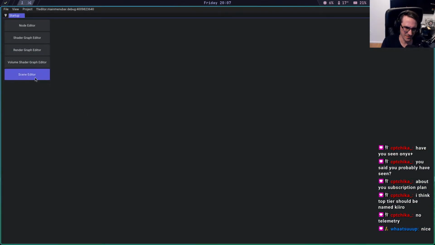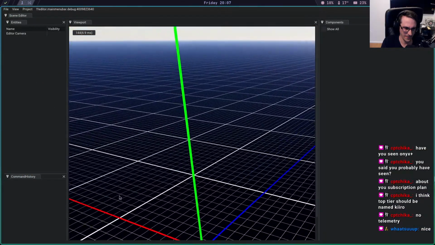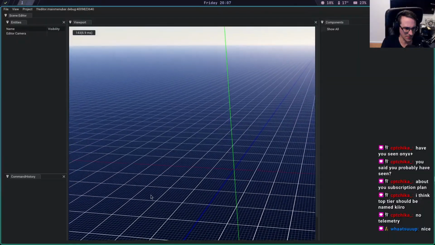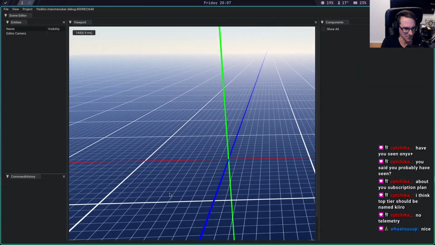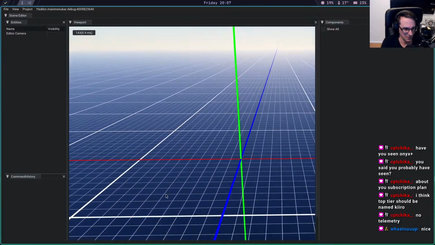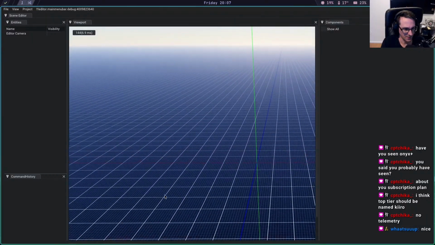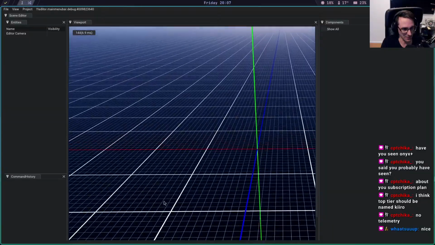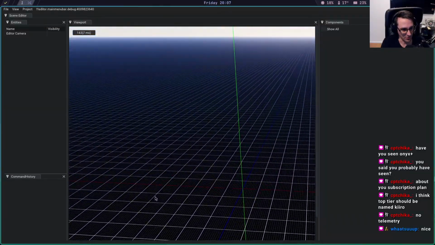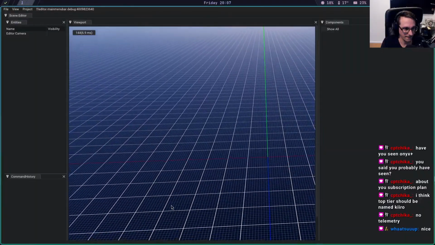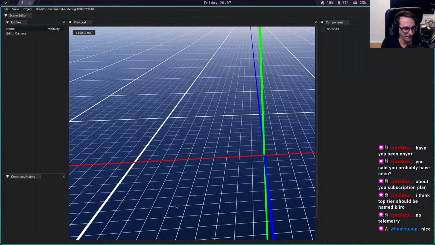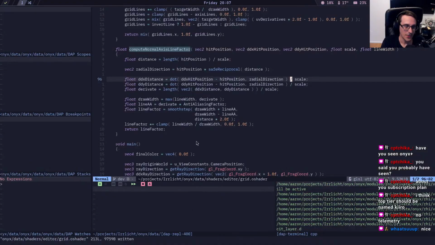I'm not sure. Oh, that might actually have done it. Yeah, okay, that was it. Now it's scaled down, and now if we get closer, we're scaled down even more. Exactly. Perfect. Good. I think it's this, and this. Okay.